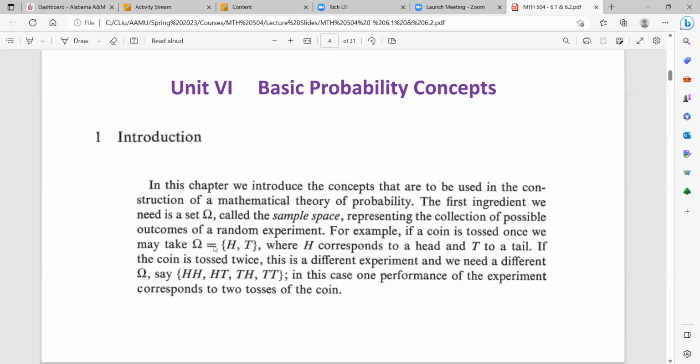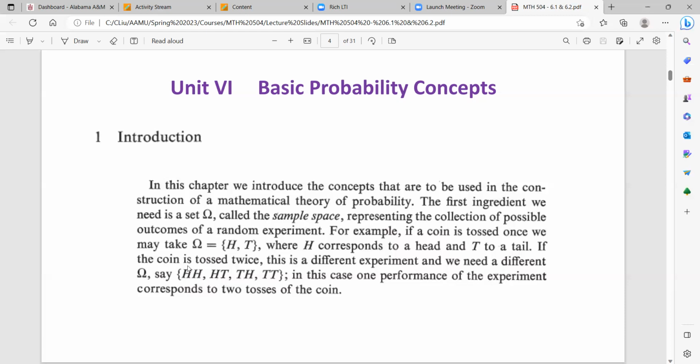But if you toss it twice and consider these two tosses as one experiment, then one outcome will include two letters, each representing the outcome from an individual toss. This time the sample space omega will be different. It will include 4 elements.